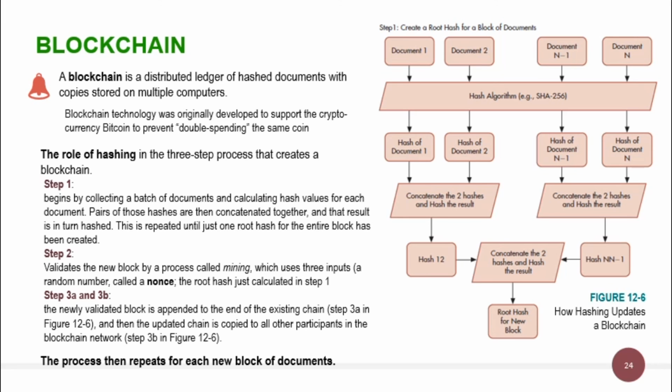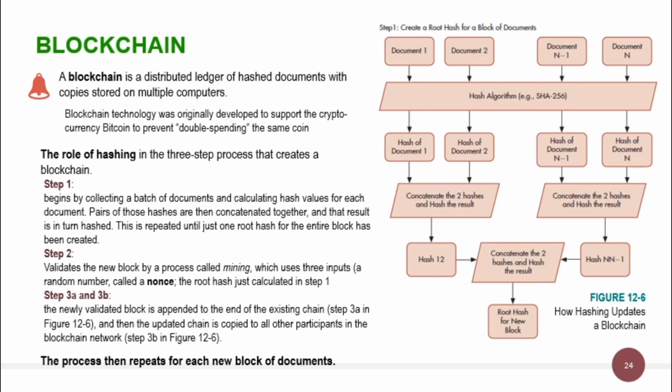As you can see here, how hashing updates a blockchain. Step 1, begin by collecting a batch of documents and calculating a hash value for each document.